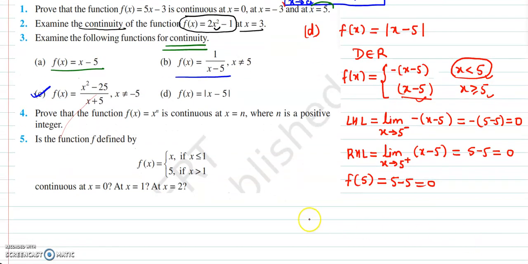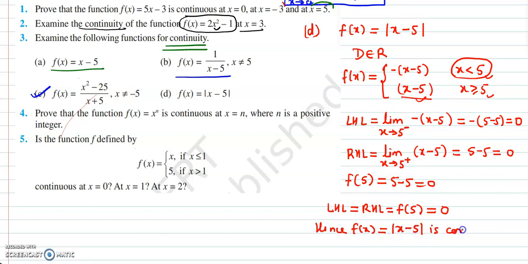So from here LHL equals RHL equals function's value at 5, all are equal to 0. Hence you can say f of x equals mod of x minus 5 is continuous.